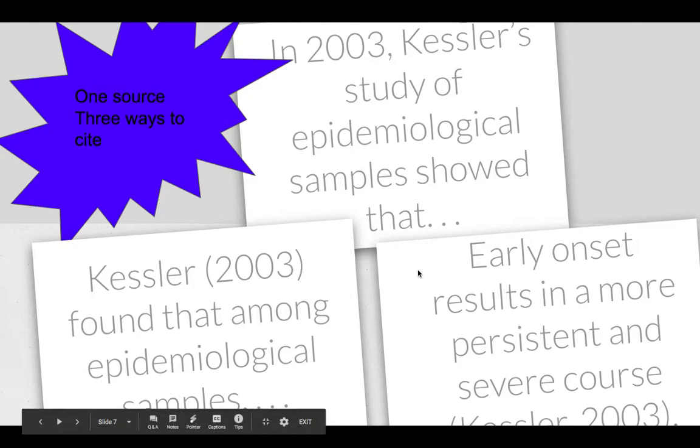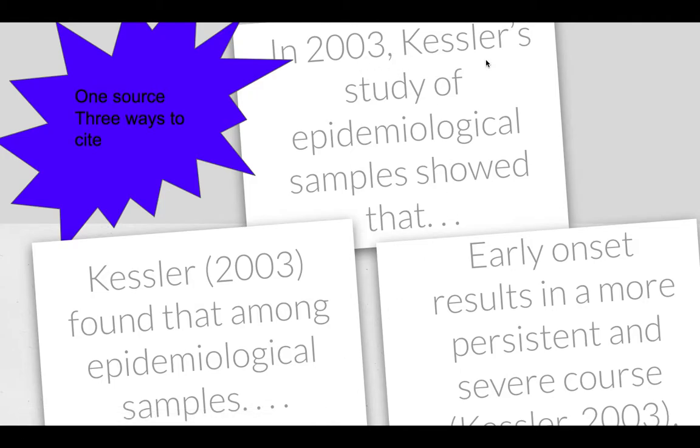One source can be cited in 3 different ways when we're using the content. You can do a sentence that shows the date and the author in the writing of the sentence. So frequently we say, in this date, this author said blah, blah, blah. Or we say, this author, parentheses, this date, blah, blah, blah. And then finally, you can have something that doesn't include the author and the date in the sentence at all.